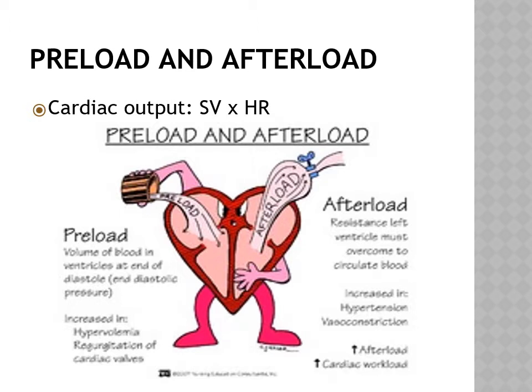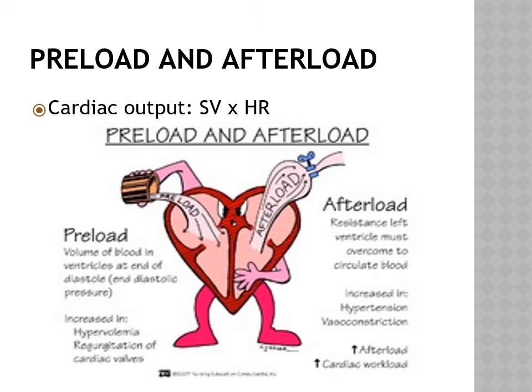And then afterload would be that resistance that the ventricle must overcome to circulate the blood throughout the body to the peripheral tissues. So we can think of if there is increased afterload, there is increased cardiac workload. And remember, the heart is one of those muscles that we do not want larger.